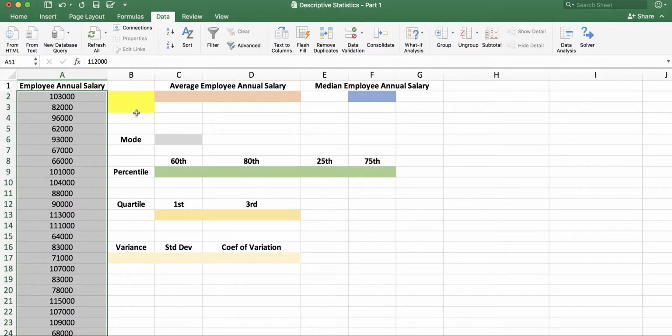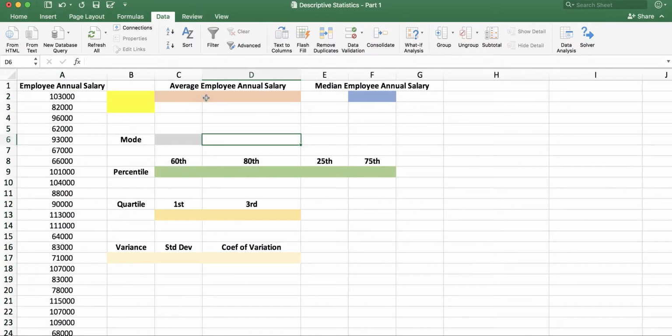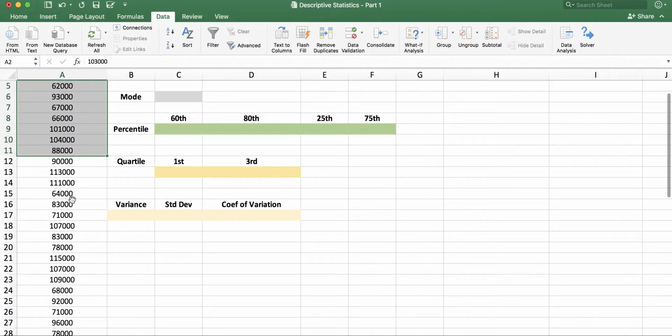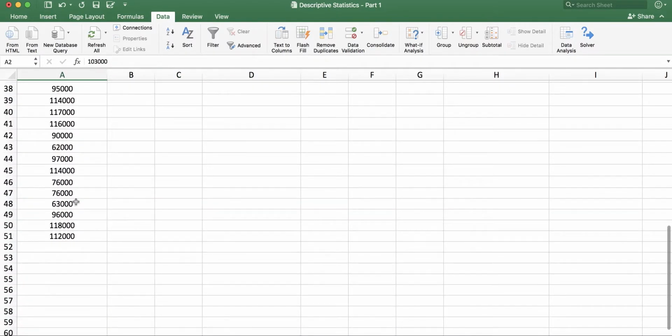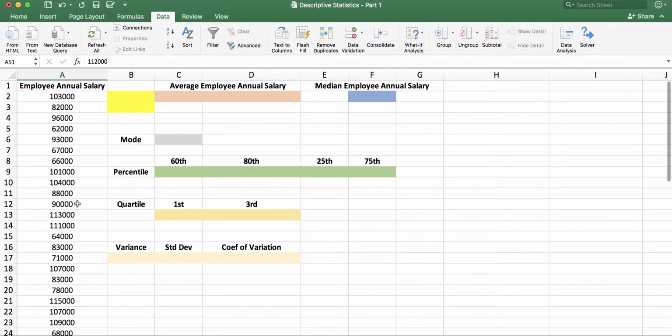So what I'm going to do now is calculate some of these descriptive statistics that we talked about. The first one is going to be the average employee annual salary. I have 50 employees and I know their salaries.